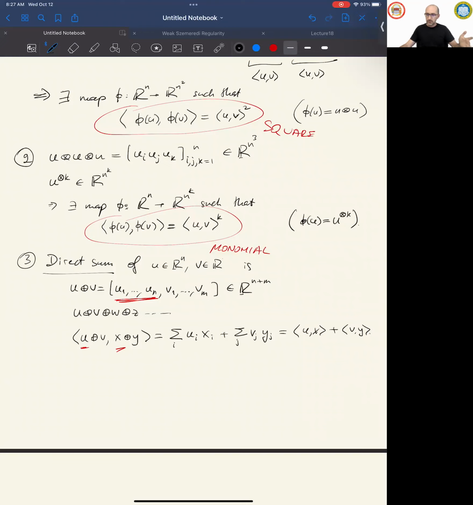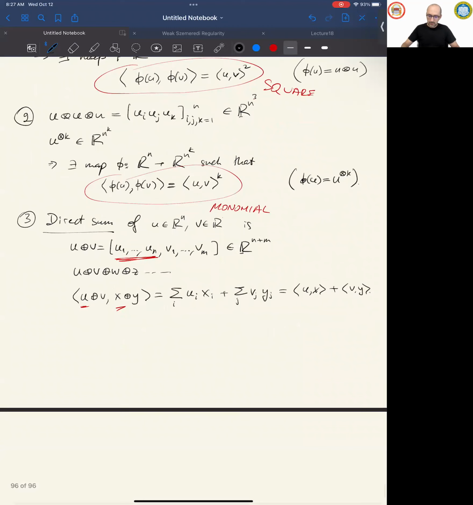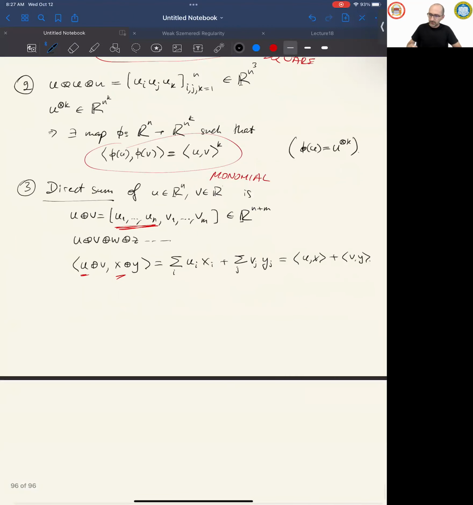Excellent. So let's, okay. You know what? Let's make an exercise. Let's say someone asks us to find a map, a transformation, that realizes the following thing.